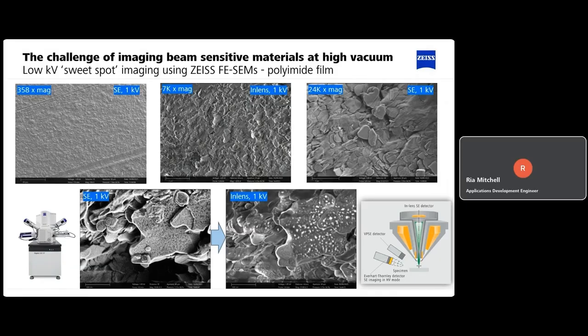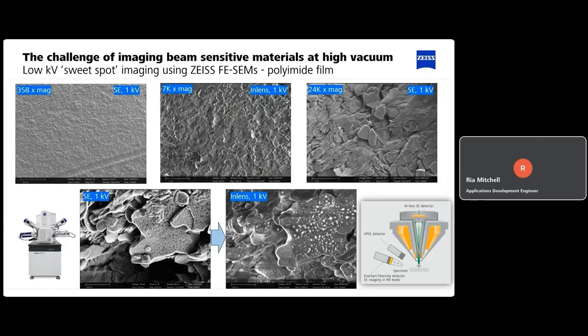There's no shadowing. It's pretty much in its entirety illuminated even at high resolution imaging. The in-lens detector is also perfectly set up for high resolution imaging in an FE-SEM, and it has really good surface sensitivity, which is really great for non-conductive materials such as these polyimide films. It also results in things like better contrast between different features, especially at low kV.